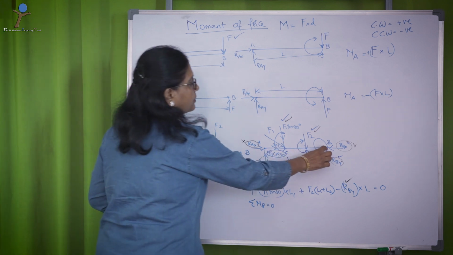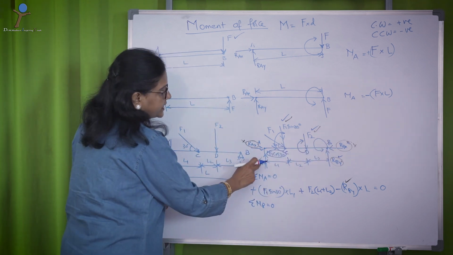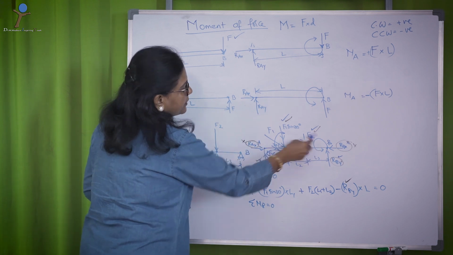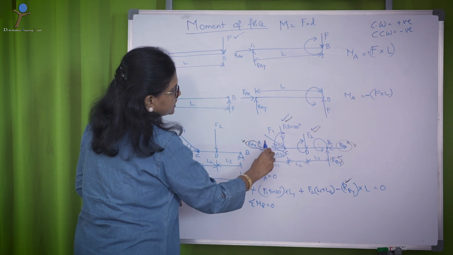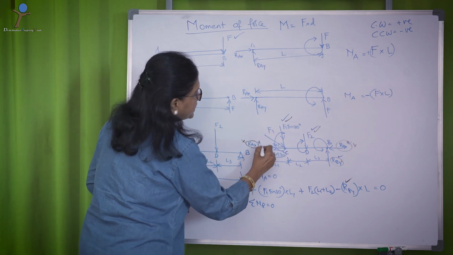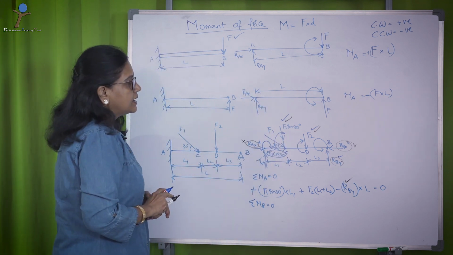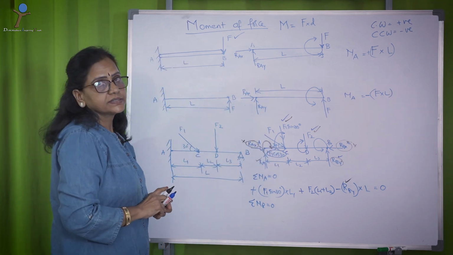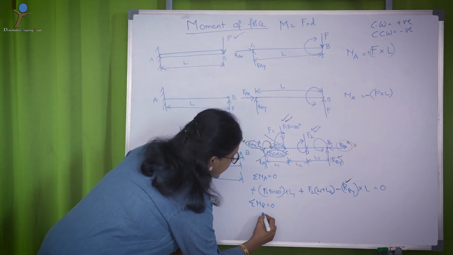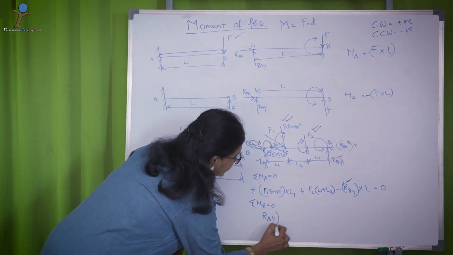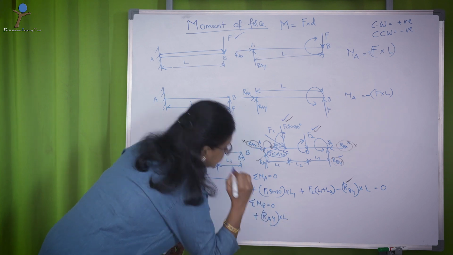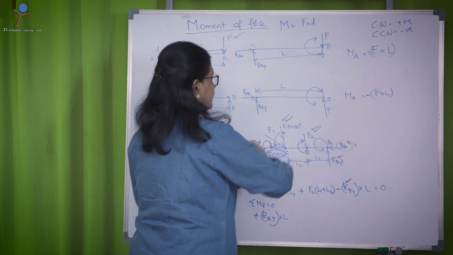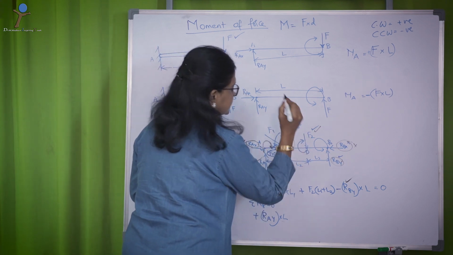Now, taking moment about B, let us start with RAY. Now, RAY, which is vertically upwards, has to rotate about B. So, when I am rotating about B, the moment here is, let me mark in a different color, moment here is clockwise, right. So, clockwise RAY multiplied by L plus. Now, this time F1 sin 30 is rotating in the other direction, this direction.